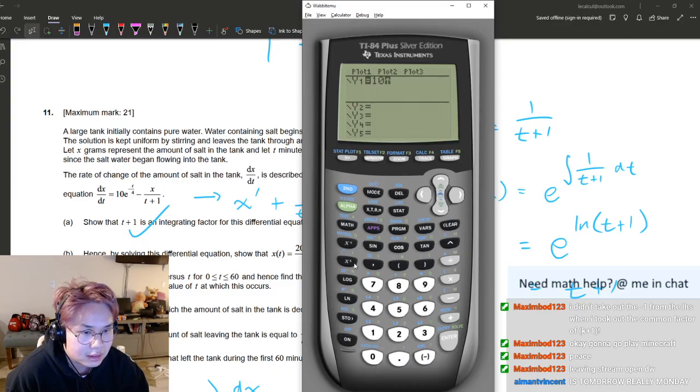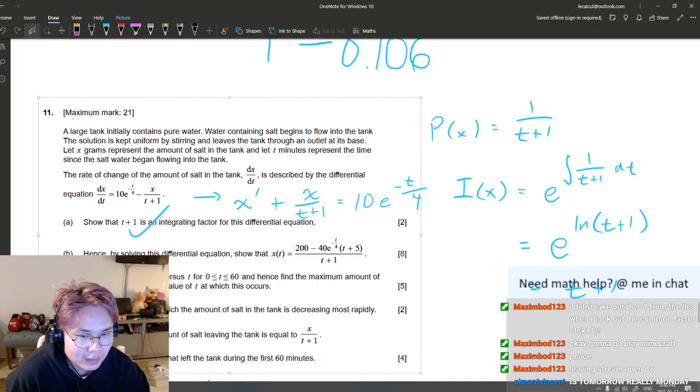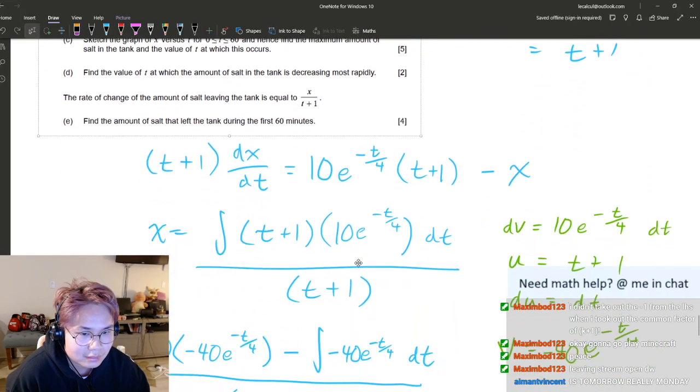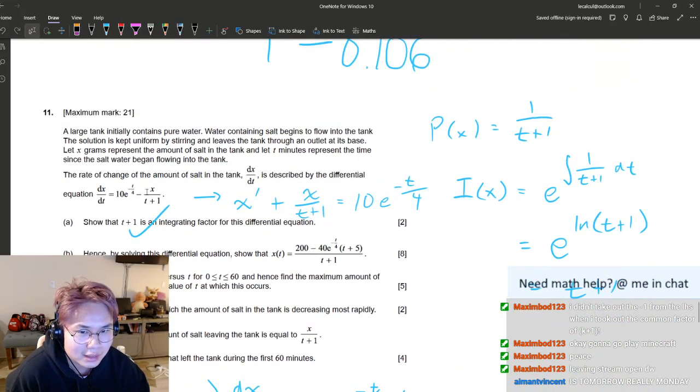So 10e negative x divided by 4 minus x divided by, wait a minute, this x is not the same. Oh no. I need to plug this thing in for this x.